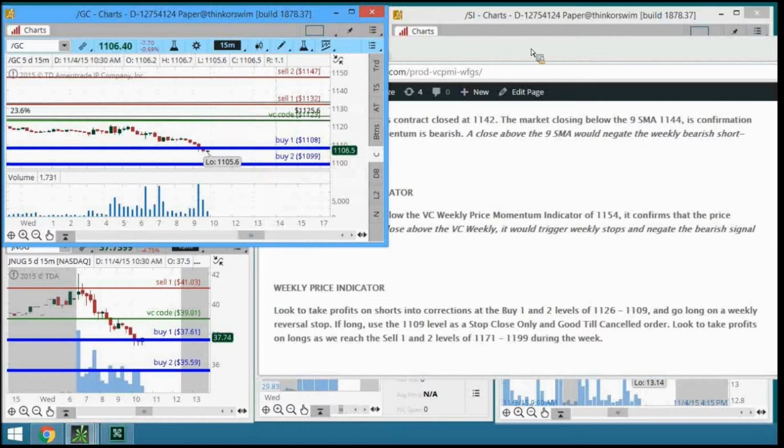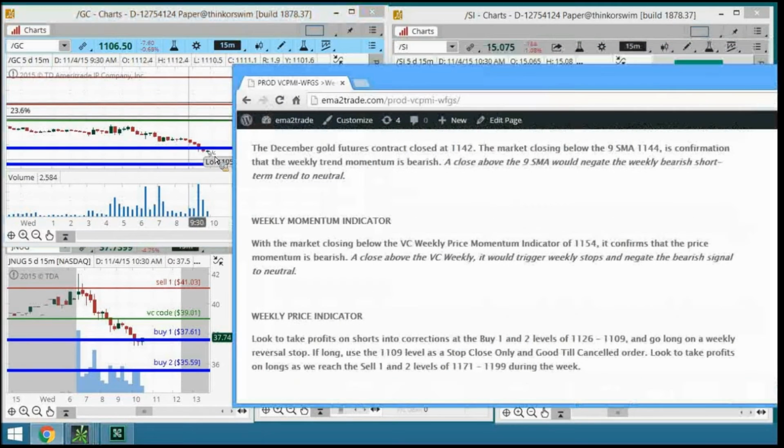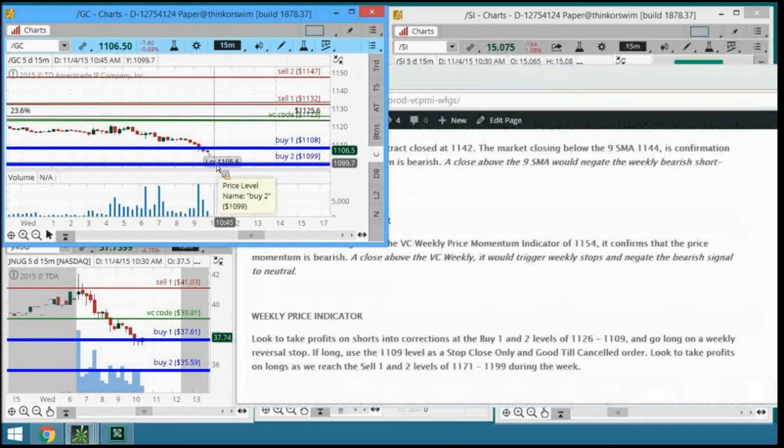I think what this is identifying is a cluster of levels, you might say, that gives you the ability to judge your entry points and execute them with a lot more probability on your side. The price coming down to these levels is essentially testing the demand area.